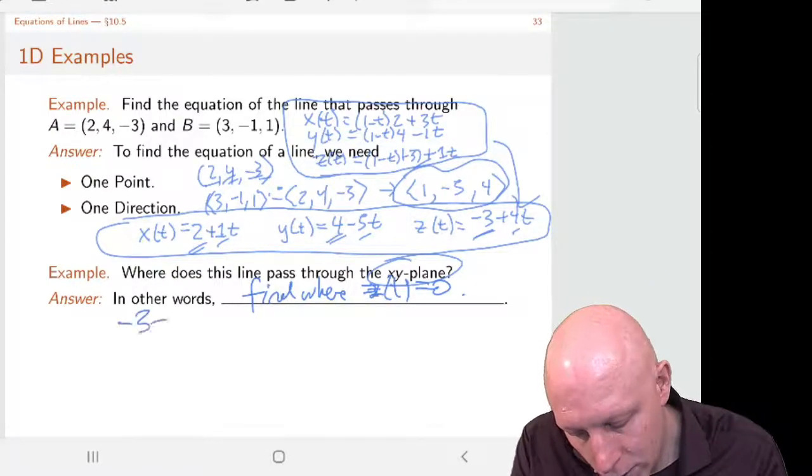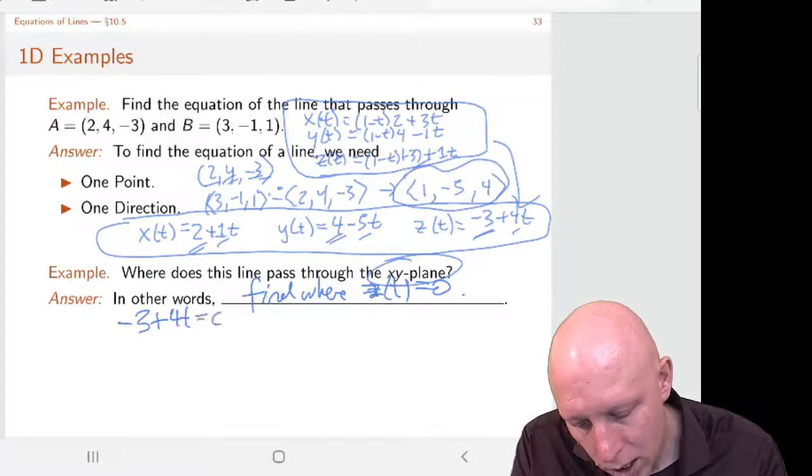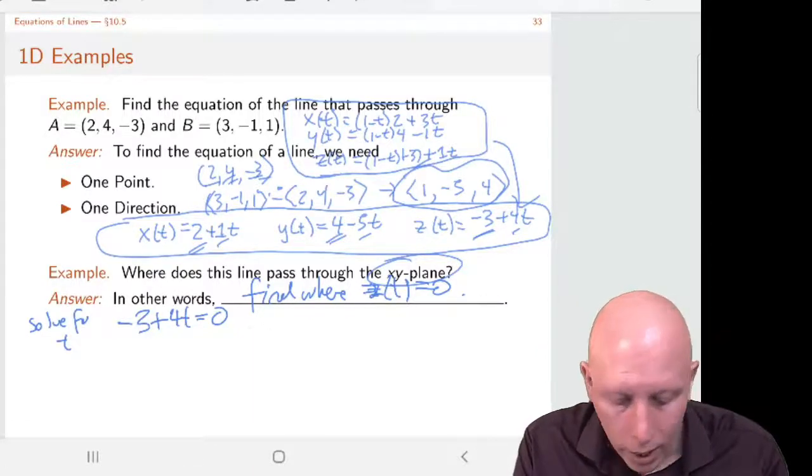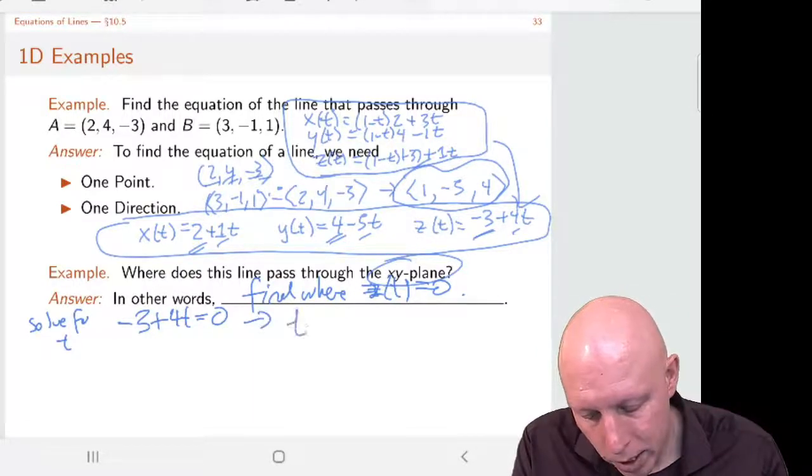So negative 3 plus 4t is equal to 0. Solve for t. And when we do that, we get that t is equal to 3/4.